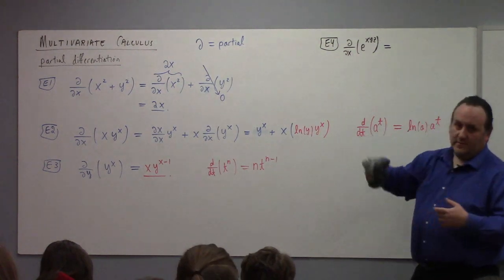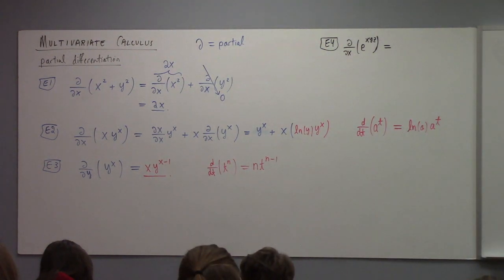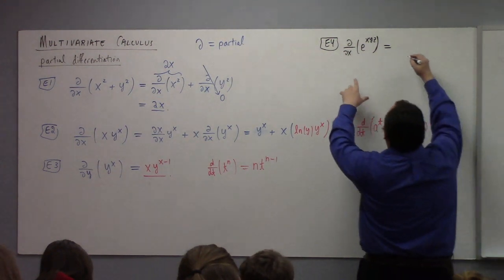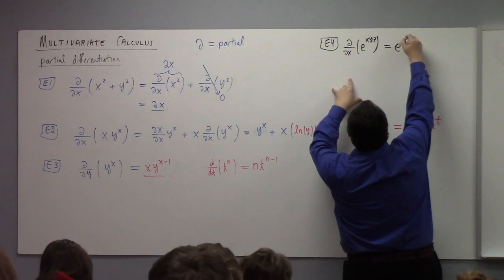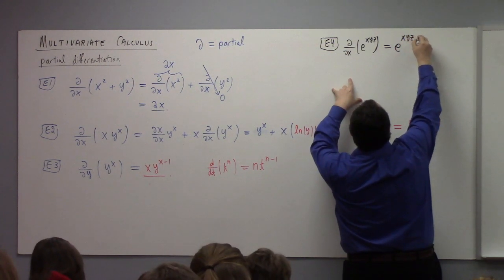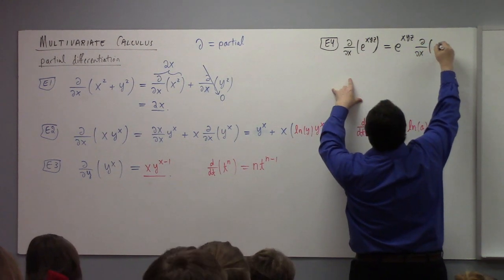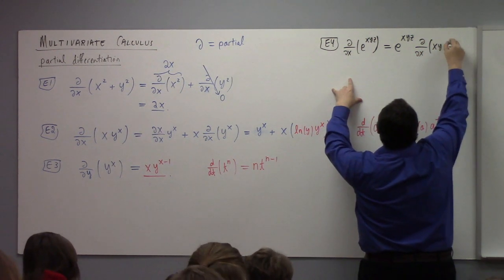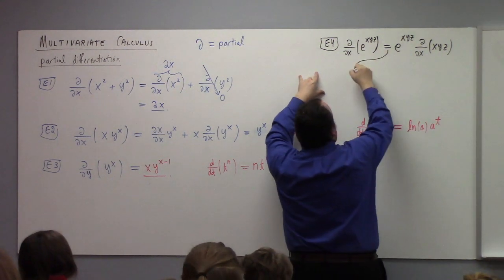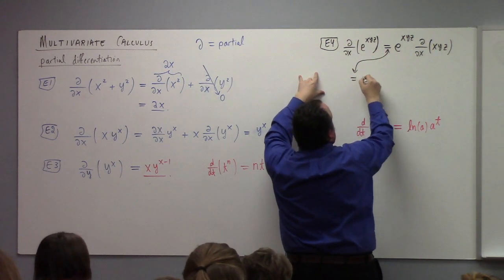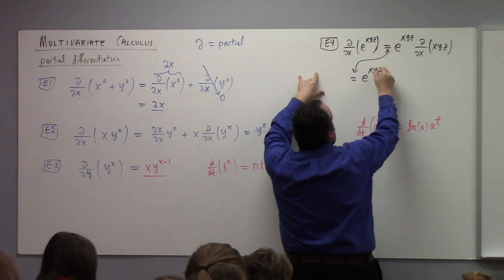So guess what? There's a chain rule. How do we differentiate the exponential function? You guys know the drill. It's the exponential of the inside function, which in this case is xyz, times the derivative of the inside function. So this is e to the xyz.